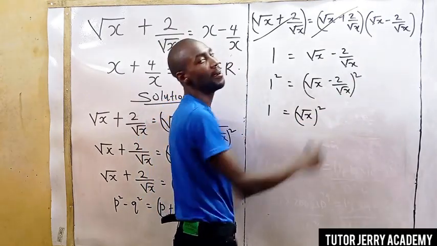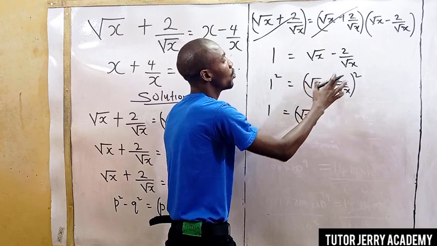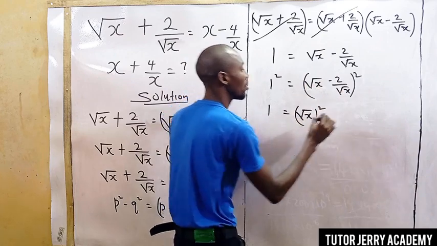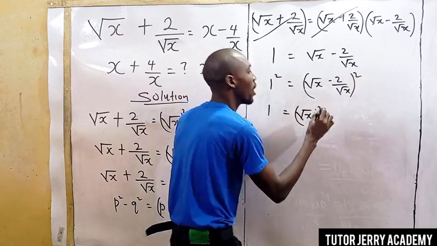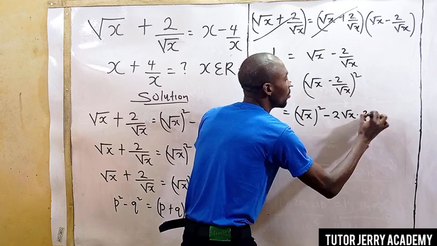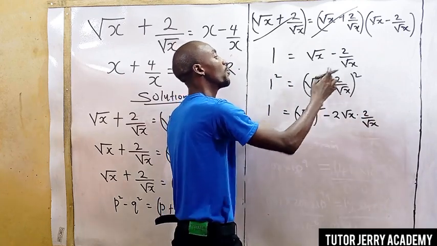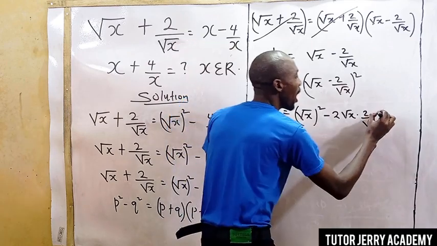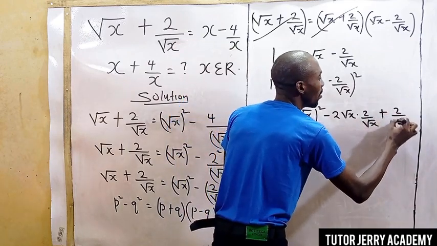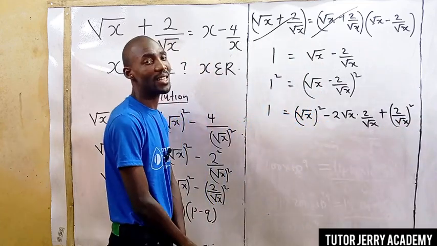I'm going to multiply it by 2. So root s multiplied by minus 2 over root s, and then multiplied by 2, you are going to have minus 2 root s multiplied by 2 all over root s. Then the next one is I'm going to put my square on this. I'm going to have plus 2 all over root s squared. I believe you understand this.